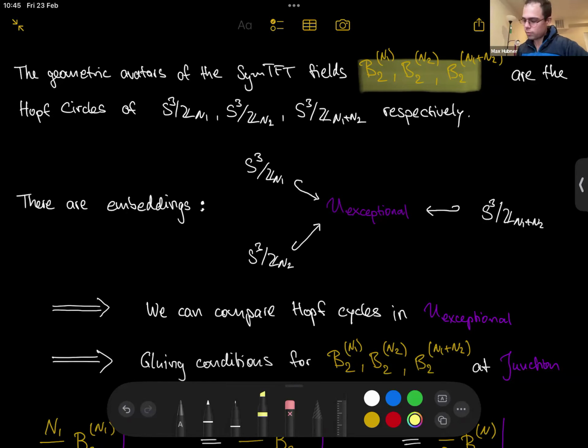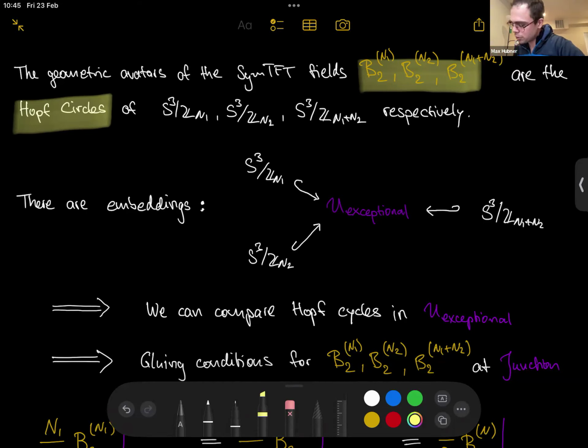And in geometry, as Ami asked and we saw before, by standard dimensional reduction, these 3 two-form fields are in geometric correspondence with the Hopf circles in each of the S3 mod Zn1, Zn2, and 1 plus N2. And so to understand what happens with these field profiles as I go to the junction, I can simply track their geometric avatars across this pair of pants thing.